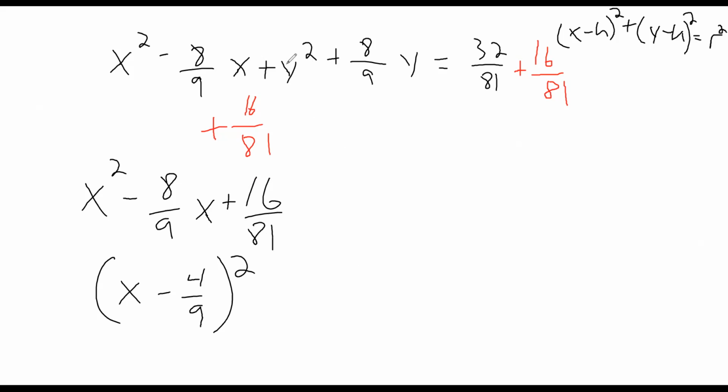So again, we've got y squared plus 8 over 9y. We need to take half of the 8/9, or multiply it by 1/2. We're going to get 8 over 18, which simplifies into 4 over 9.